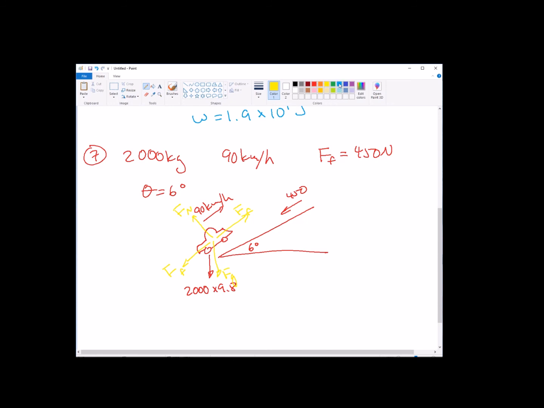Part B says, calculate the force exerted by the engine to maintain the car's velocity. So in order to maintain the velocity, you're not speeding up, you're not slowing down, so therefore there is no change in velocity, therefore it just has to be balanced, right? The whole diagram has to be balanced.